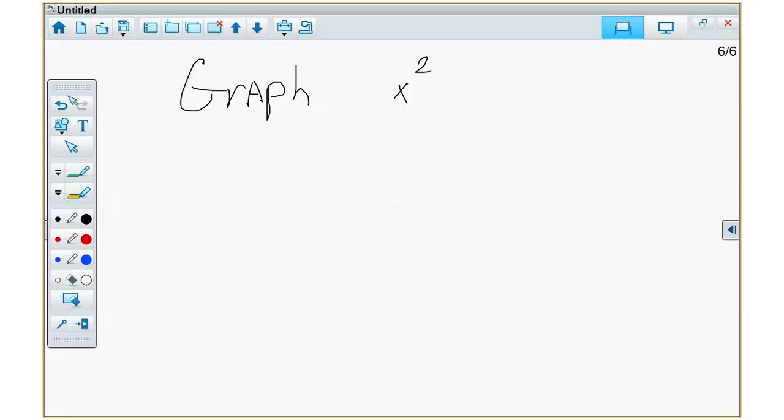Went to algebra 2 right quick. X minus 4y is equal to 8.